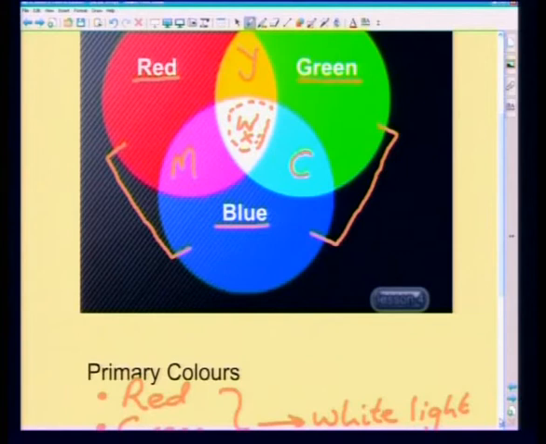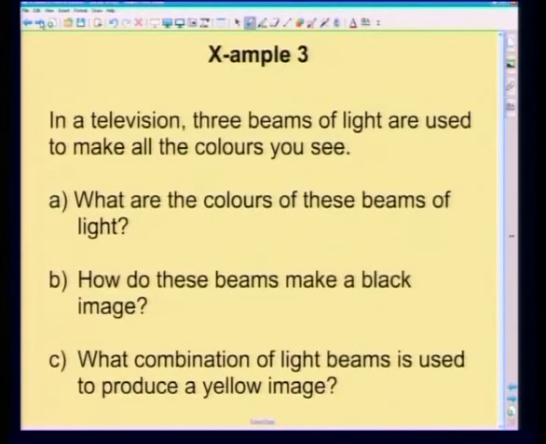Now, I have explained to you the primary colors and the secondary colors. Let's just have a look at some example here. And here we're saying, when you're watching television, 3 beams of light are used to make all the colors that you see. What are the colors of these beams of light? Okay, so the 3 beams of light.